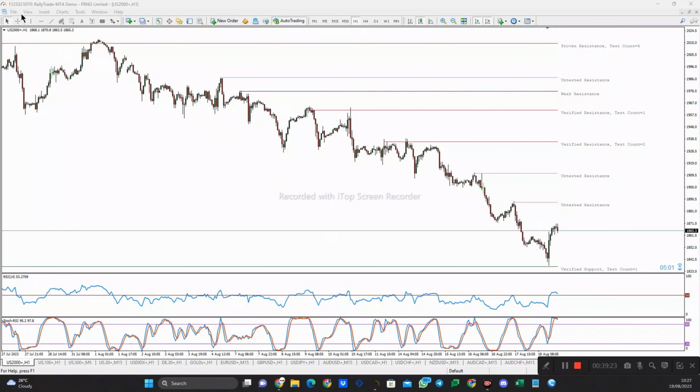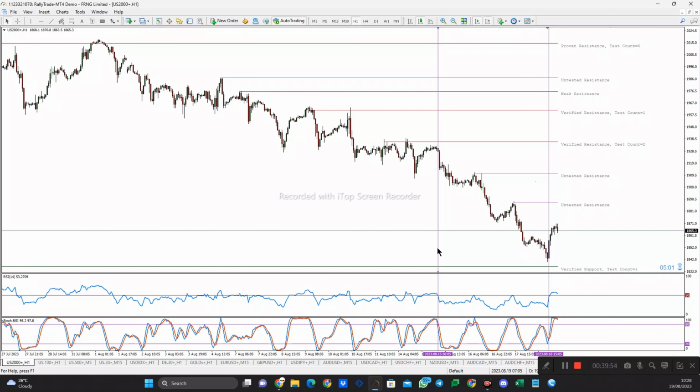I'm going to draw a vertical line to show us where that trend started, somewhere here, and it ended here, somewhere here, right? So basically, this trend started from here and it ended here.